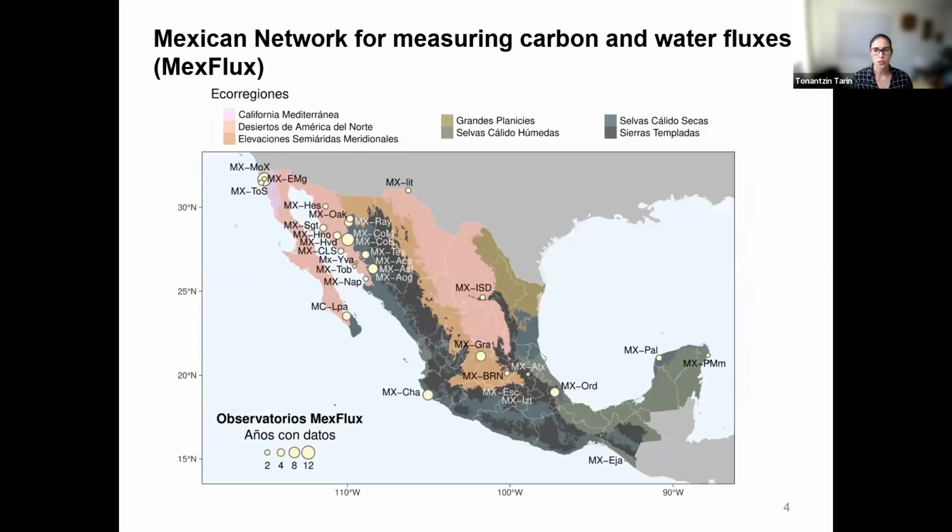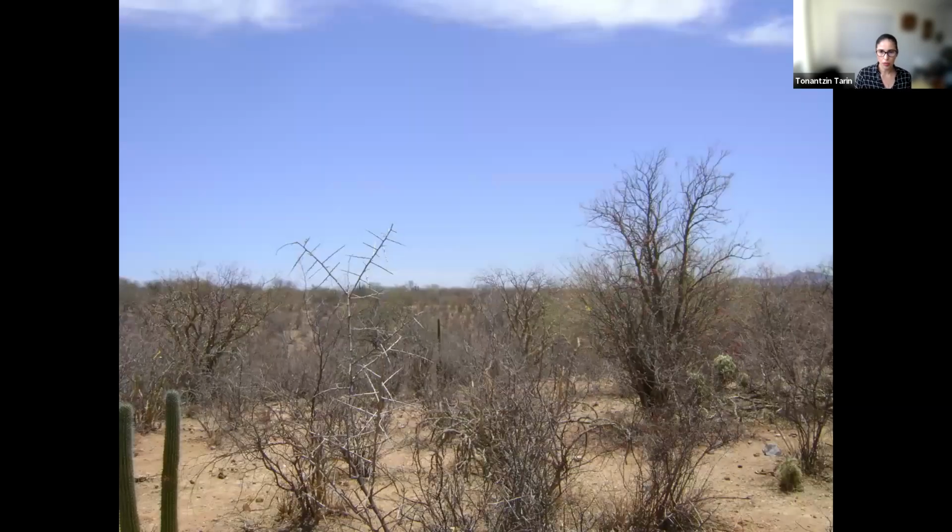Here, I would like to show some of the infrastructure that we have as a country for the continuous monitoring of ecosystem fluxes using the eddy covariance technique. As you can see, most of these sites, we call them observatories, are operating in the semi-arid and arid regions of the country, which are basically here in the north of Mexico.